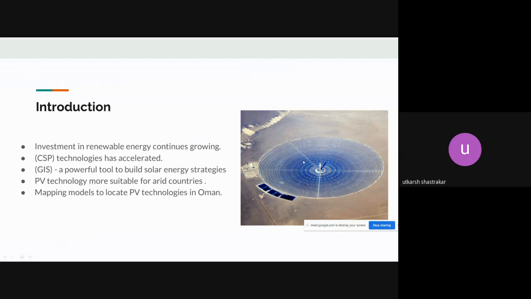So in such regions, the conventional photovoltaic cells are more efficient if water is not available. Then at the end, we make mapping models to segregate the suitable areas and non-suitable areas.